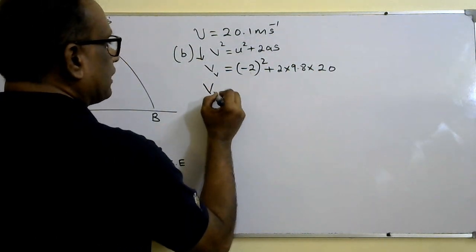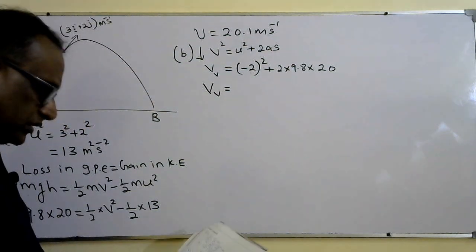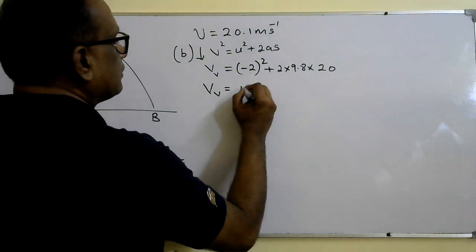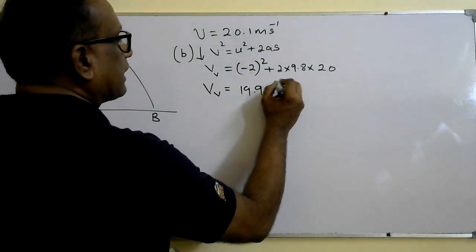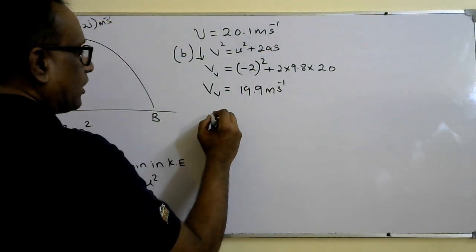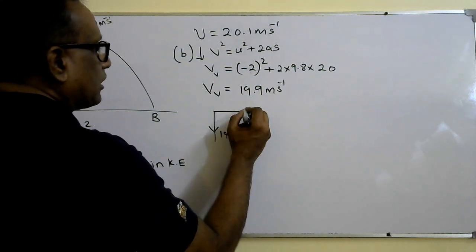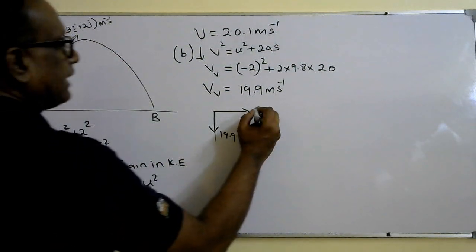The vertical component just before it hits the ground is going to be 19.99 meter per second, about 19.9. Horizontal component remains the same, which is 3.